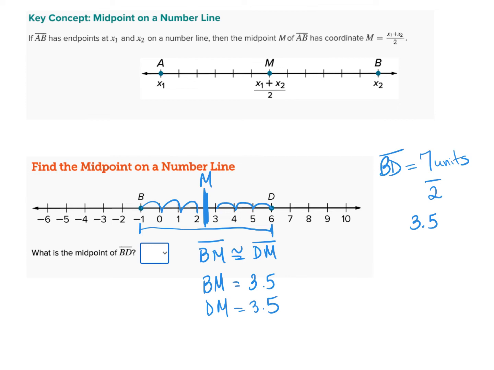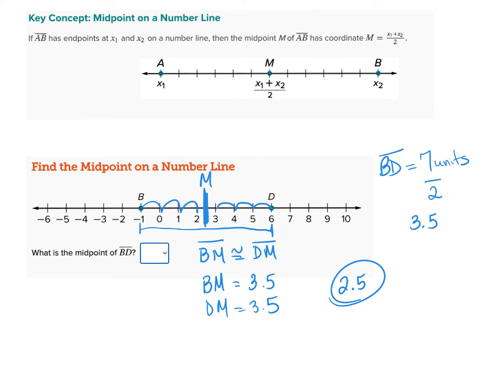And on the number line, that value is 2.5. So the location of where point M would be placed, so that BM is congruent to DM, would be at 2.5.